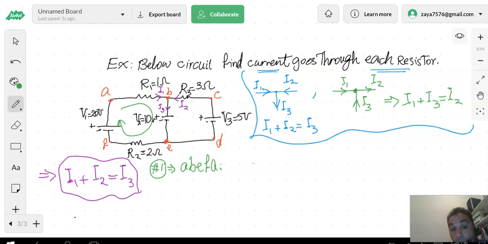Correct? What is the second one? I can say it's B, C, D, E, B, or E, D, C, B, E. Again, it's up to you.